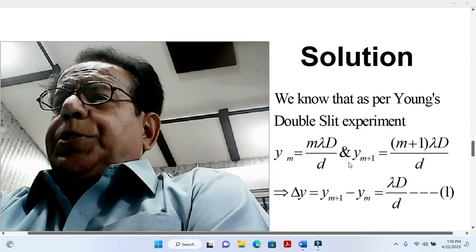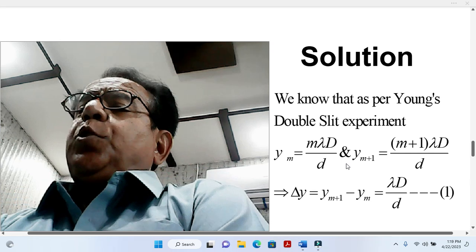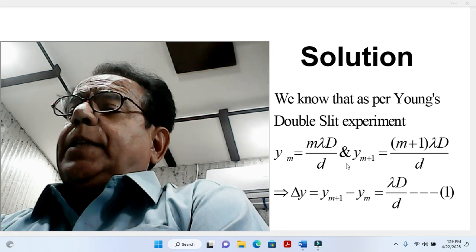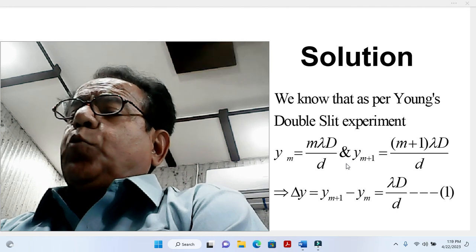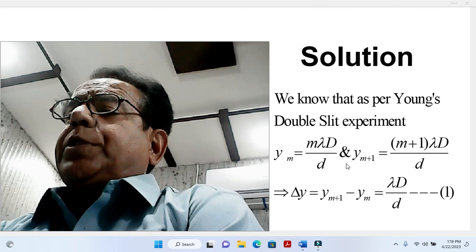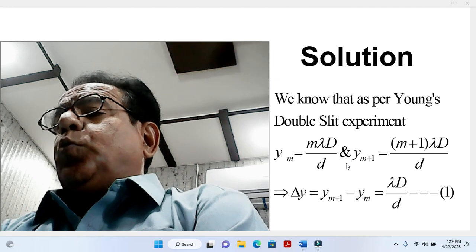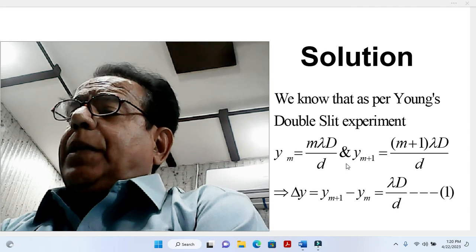Now we come to its solution in a formal manner. Solution: we know that as per Young's double slit experiment, ym is equal to m lambda capital D over small d, and ym plus 1 is equal to m plus 1 into lambda capital D over small d.